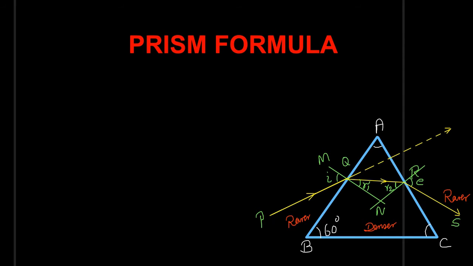Similarly, with the prism present, the incident ray bends and finally emerges like this. If I extend this emergent ray, it would have advanced like this, represented by dotted lines.